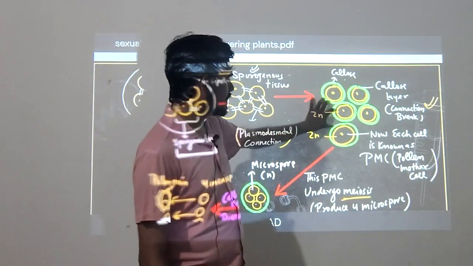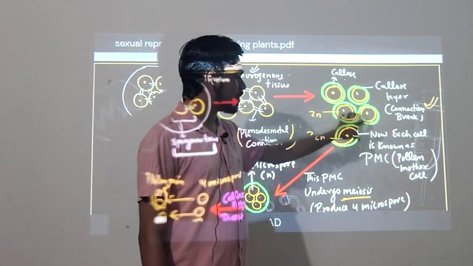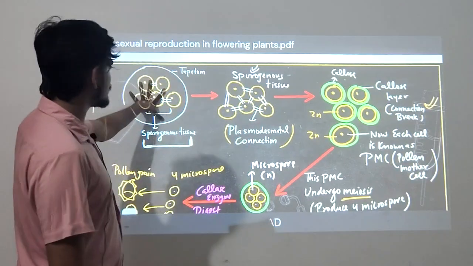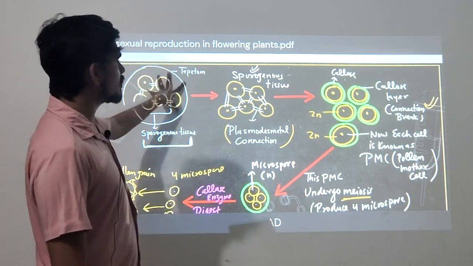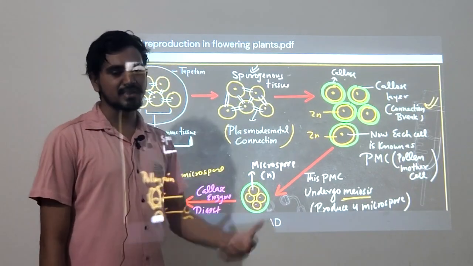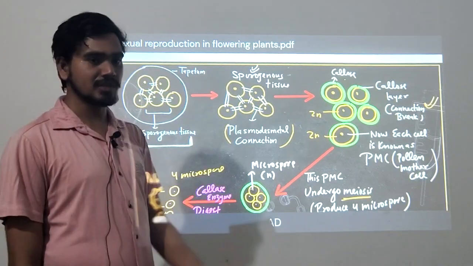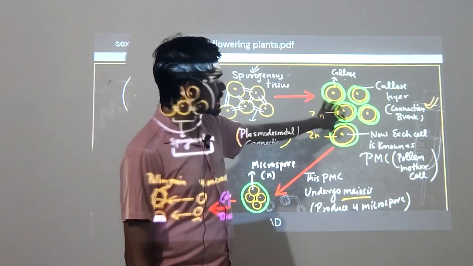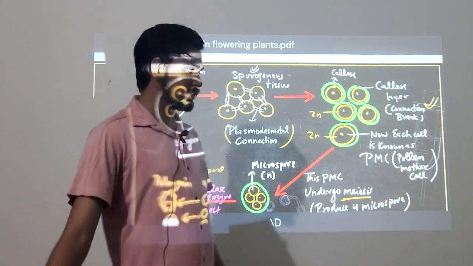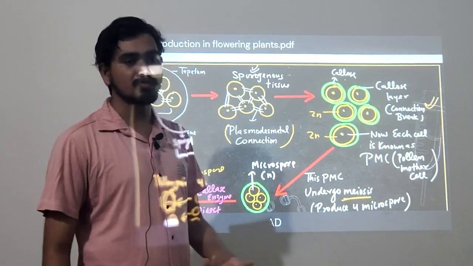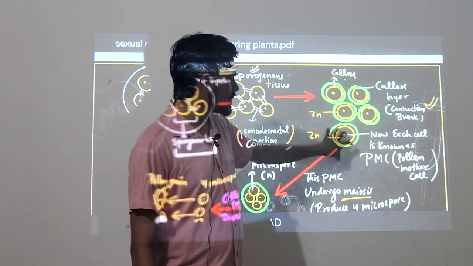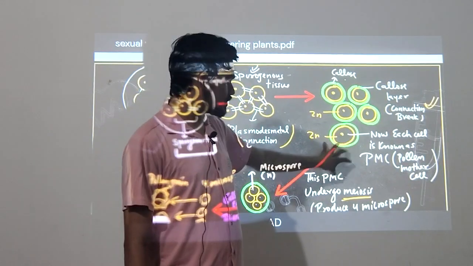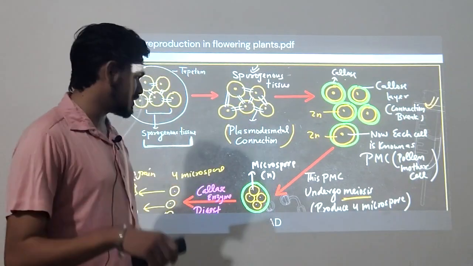Every sporogenous cell has the capacity to produce pollen grains, and one that goes on to form pollen grains we term a pollen mother cell. So now each cell is known as a pollen mother cell.